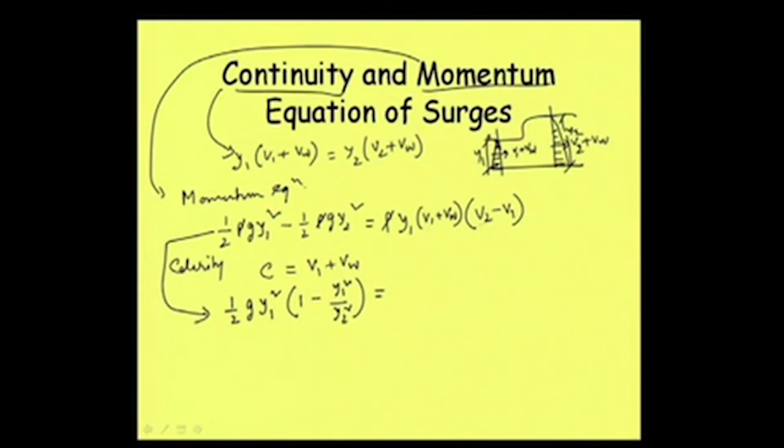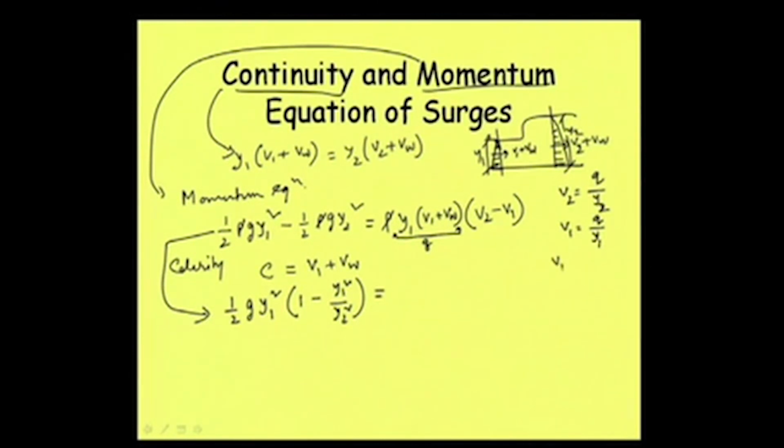The expression y1 into v1 plus vw is showing how much the discharge is. I am writing this as q. This is q, the unit discharge, because we are talking about discharge through unit width. And what is our v2 or v1? v2 is nothing but q by y2, because v2 into y2 is equal to q, and v1 is equal to q by y1, because that we know.